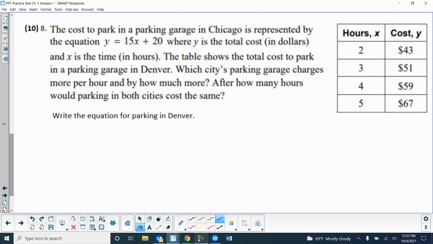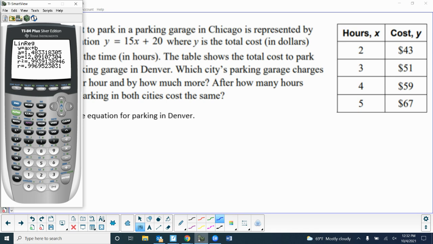The table shows the total cost to park in a garage in Denver. Which city's parking garage charges more per hour and by how much more? So we have to use this data to figure out the equation for the Denver parking garage. So go back to Stat and Edit, and we have to clear our list.